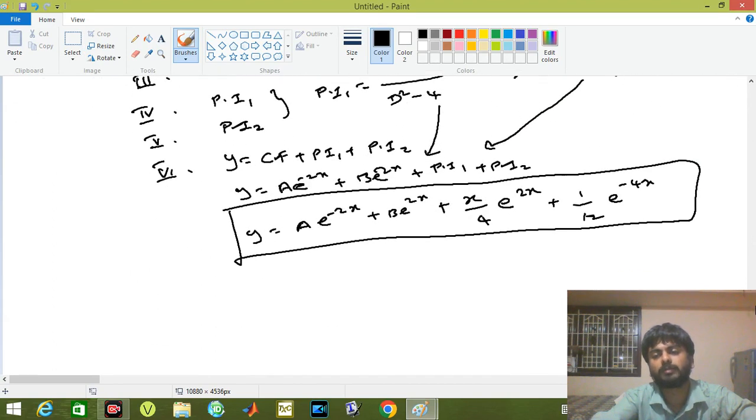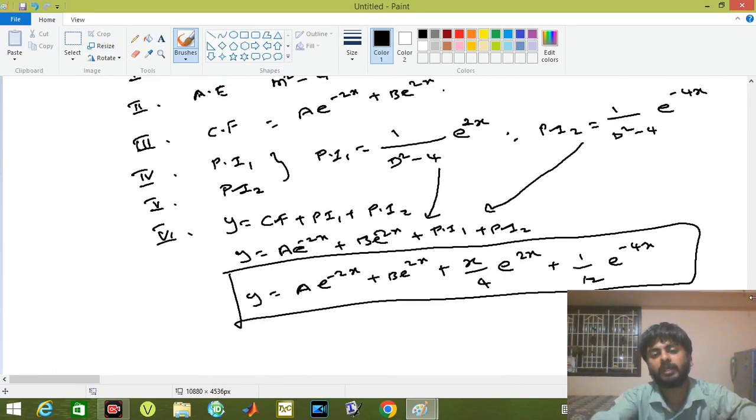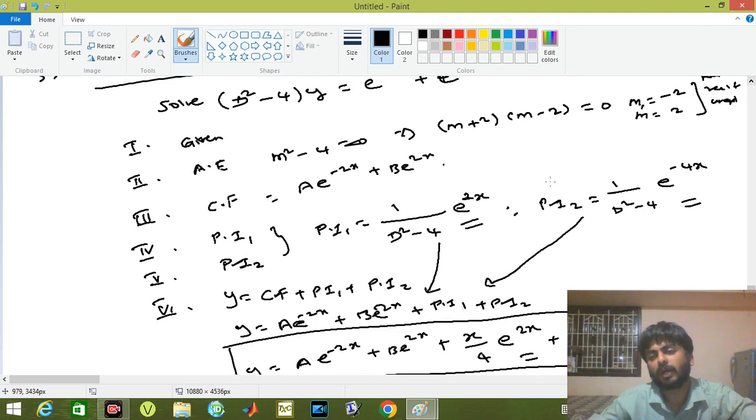One thing is, when you use this as PI1, you have to check this. When you use this as PI2, you have to check this. So if you alternately take this as PI1, your PI1 will be e power minus 4x, and if you take this as PI2, your PI2 will be this. In the same way, you can take the values of m in the other way. Here I have taken m1 equal to minus 2 and m2 equal to 2.